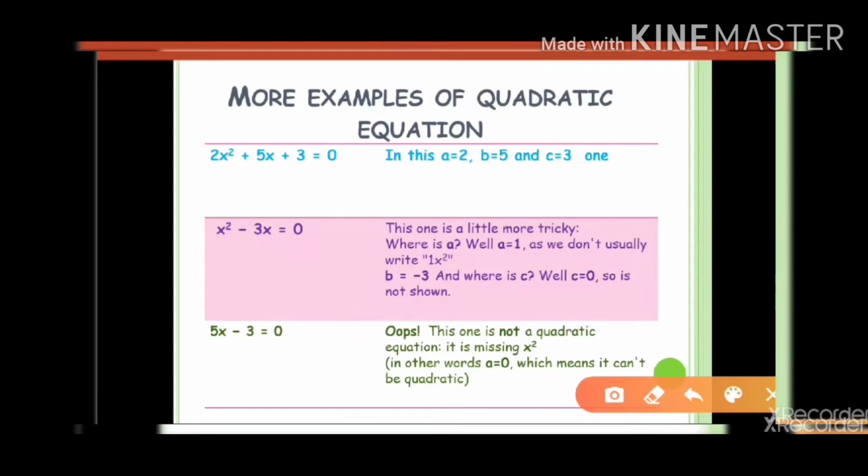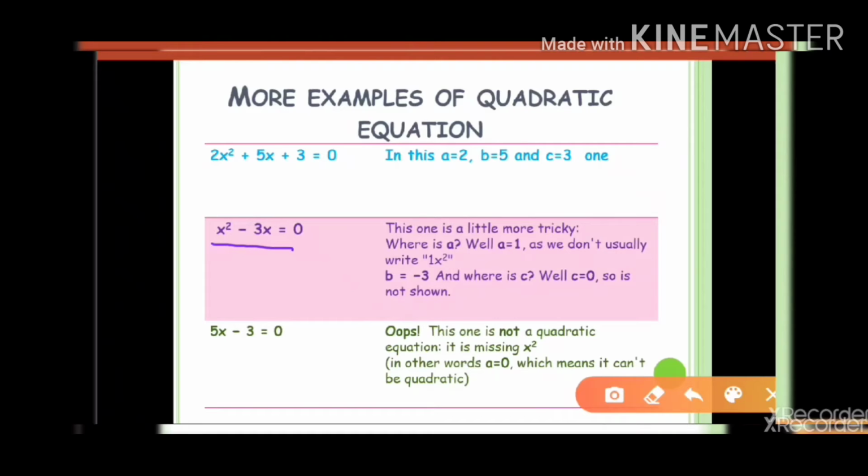Clearly a, b, c are all real numbers, and the degree of this term is 2, the degree of this term is 1 and the degree of this term is 0. That is descending order. Therefore, this equation is a standard quadratic equation.